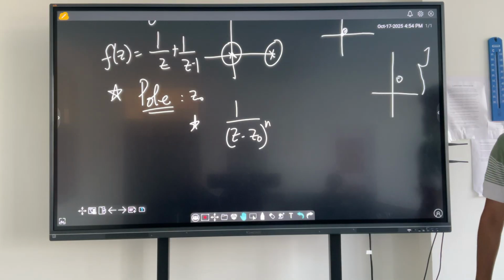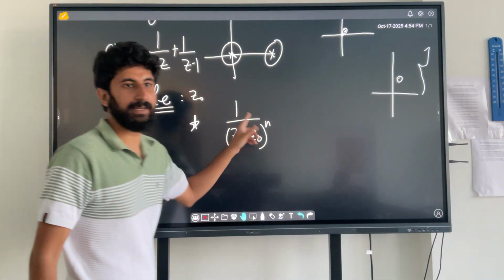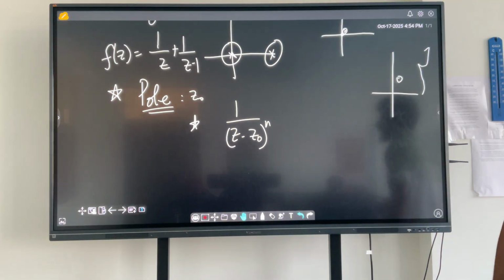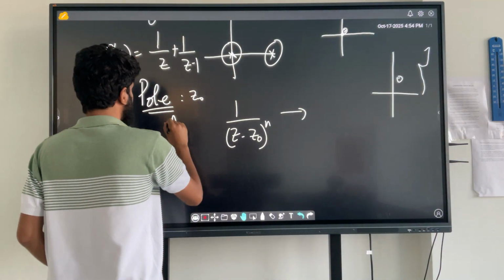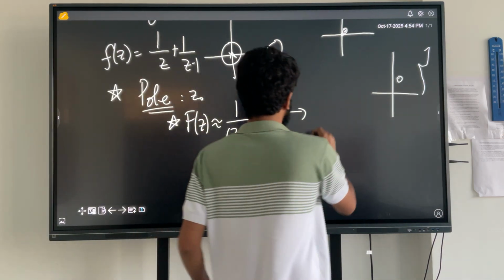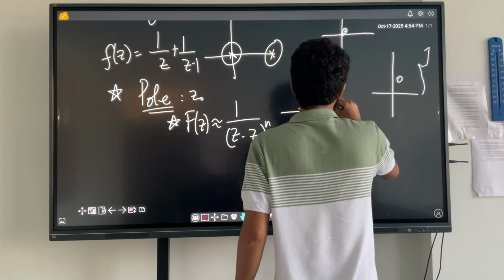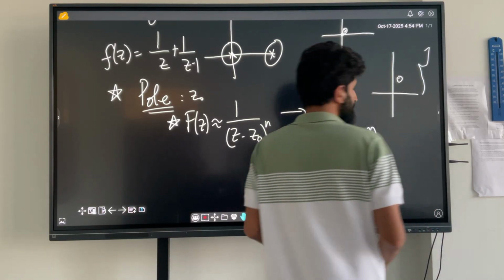So this is called a pole, but pole of order n. So f of z around z0 should be approximated by this, and it's called pole of order n.